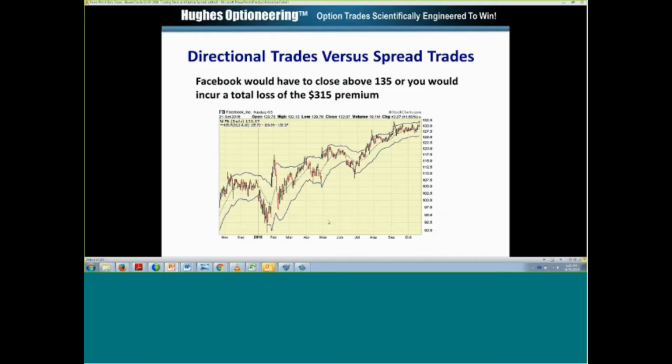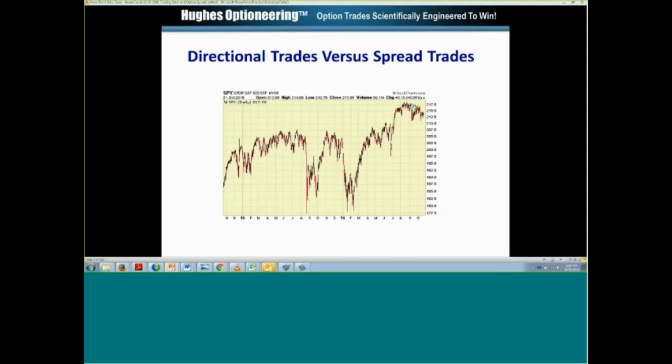At option expiration, in this case about a month out, the underlying stock would have to close above 135, the strike price of that call, or you would incur 100% loss of that $315 premium. So when you're trading options, you're always faced with that possibility of a 100% loss.